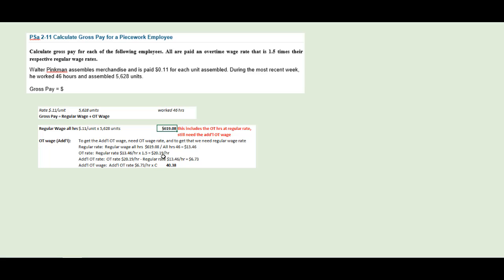Once you know that, you can calculate the portion of additional overtime. So the overtime rate is $20.19 per hour. That is more than the regular rate of $13.46 per hour. How much more? $6.73. All right. So that's the portion that exceeds the regular rate.